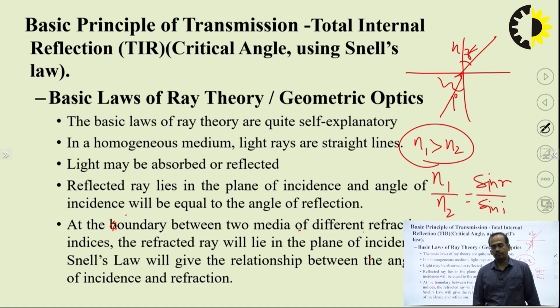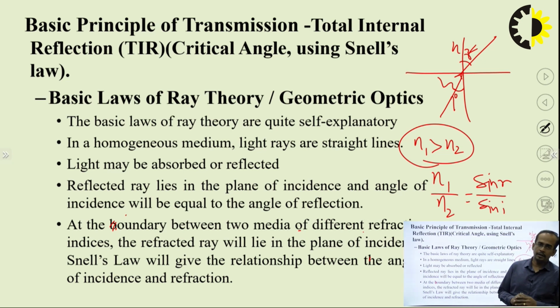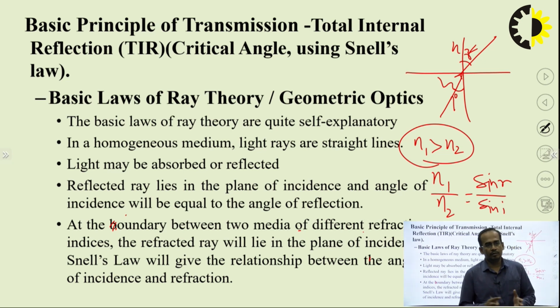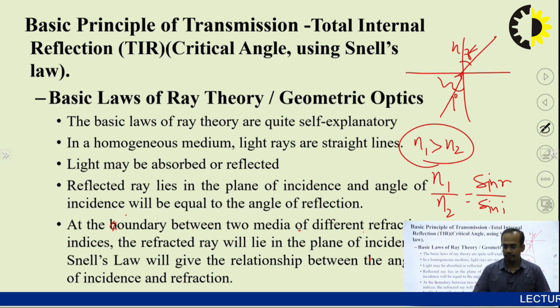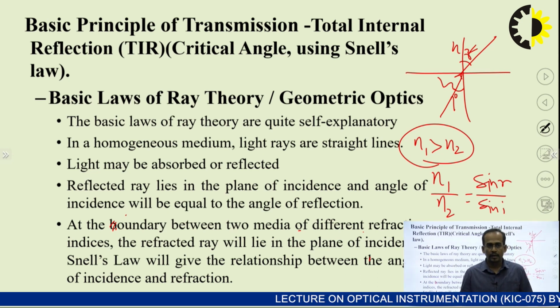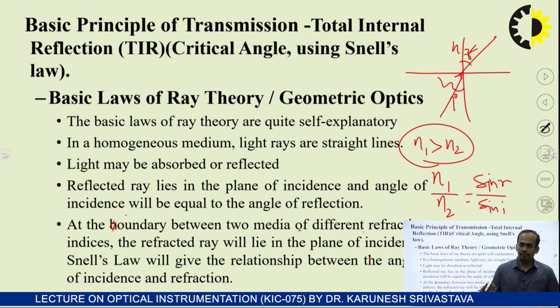Now it is clear that if I am moving in a homogeneous medium, there will be no refraction. If I am moving from medium 1 to medium 2, it depends on which medium to which medium you are moving, rarer to denser or denser to rarer, according to the refractive index.